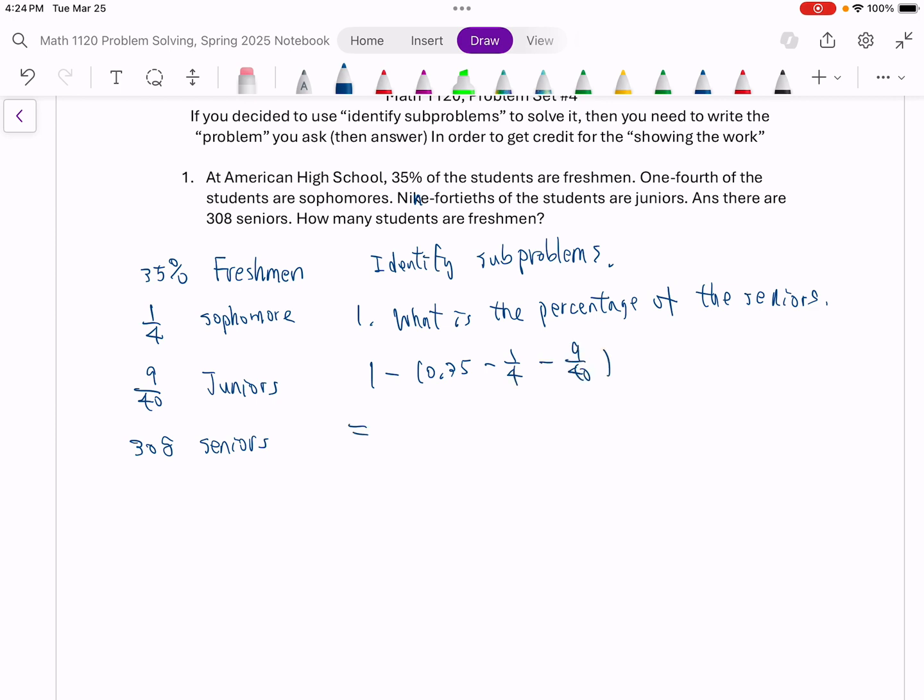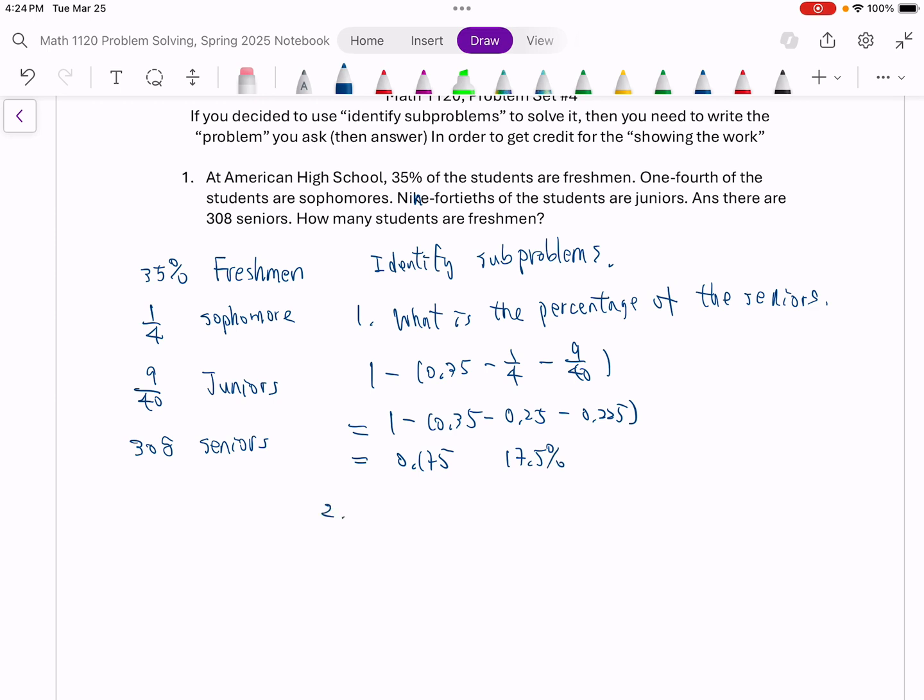We calculate that 1/4 is 0.25, and 9/40 is 0.225. So it turns out to be 0.175. So the answer is 0.175, or 17.5% are seniors.